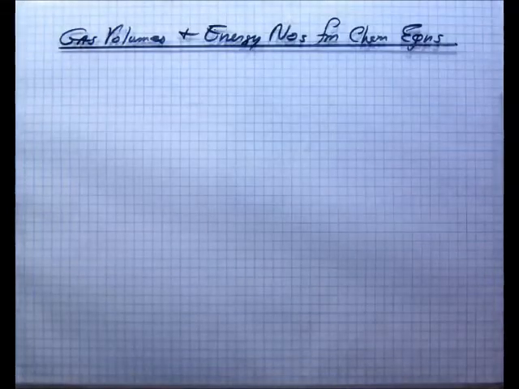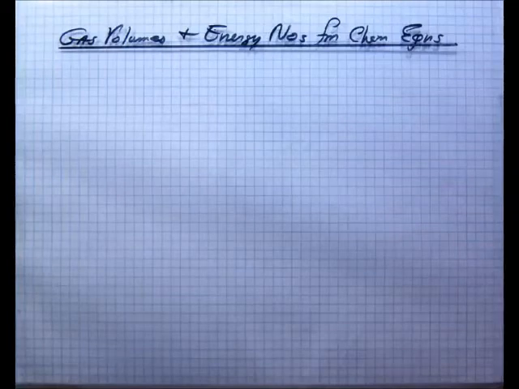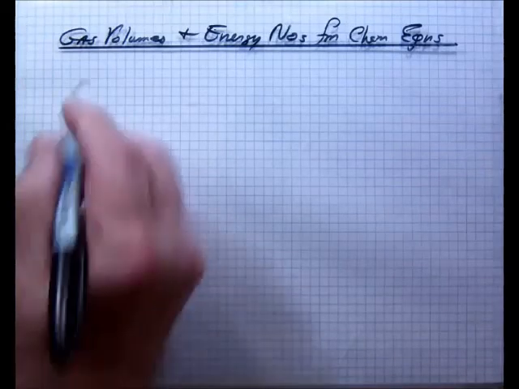Also from the chemical equation, again, you can get gas volumes and energy numbers. If we're talking about gas volumes, the issue is called molar volumes. That's the expression or term.